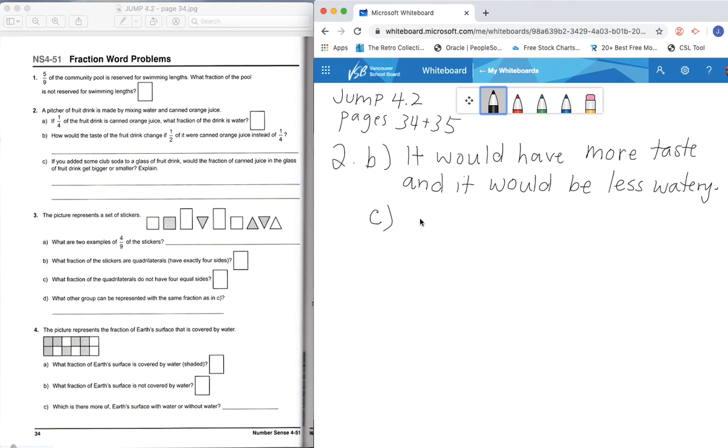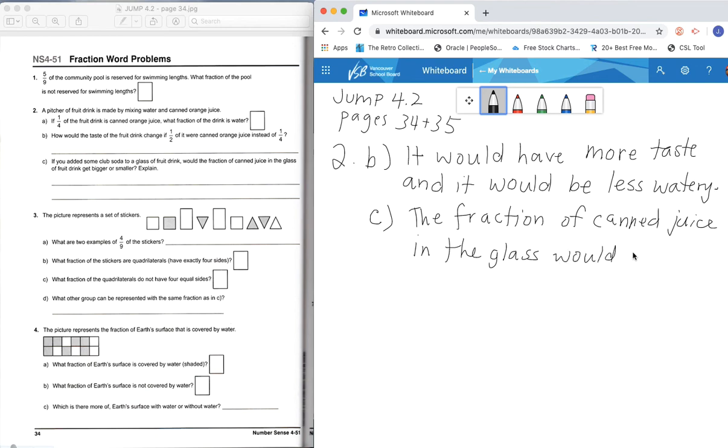So the answer is the fraction of canned juice in the glass would get smaller. Why?